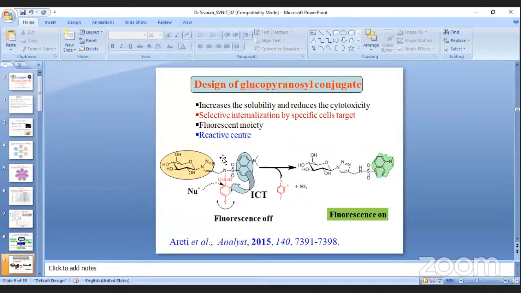Once it reacts with the nucleophile, that is cysteine or selenocysteine, it will release the fluorescent moiety.